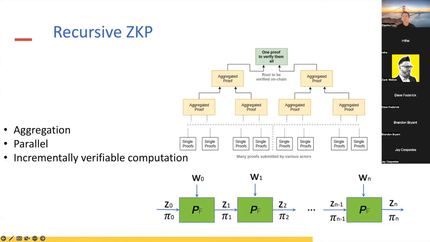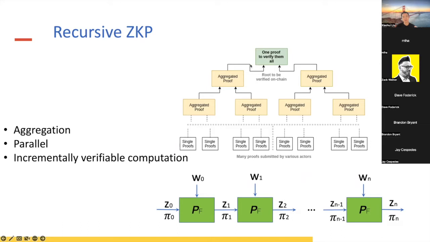So for example, as the example I show you on the right, let's say you have many proofs, right? So let's think about rollups. In rollup applications, basically you are batching many application transactions. You can each generate a proof for, let's say, each transaction, and then you've got one proof, right?